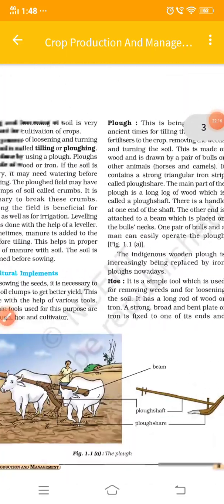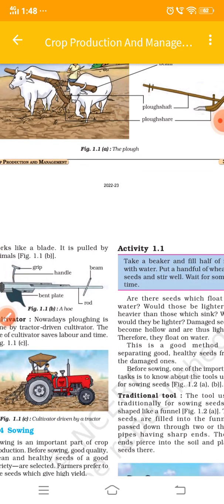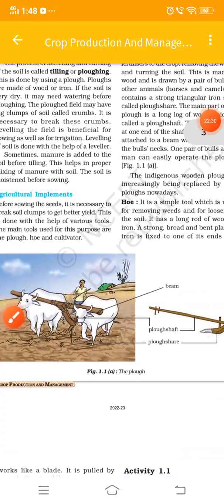Cultivator means which is used for cultivation, such as using a source of plugging as a tractor. Okay, tractor.